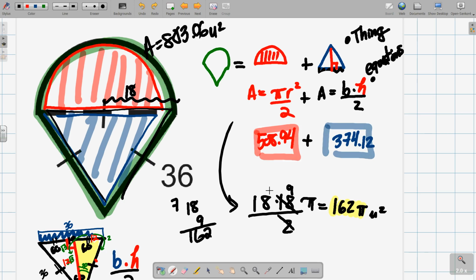Three, make sure you show your work. And then in general, step four is you're going to be adding composite areas together. This, by far, is the most critical step, the thing equations. Things before algebra.